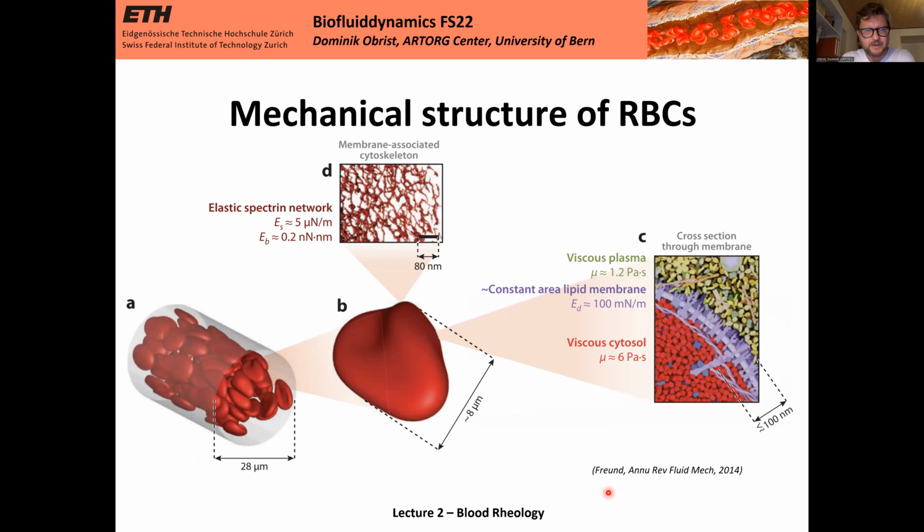Here is maybe more of a summary overview. We have an example of a deformed red blood cell as a numerical simulation. It talks a bit about the network of the membrane.